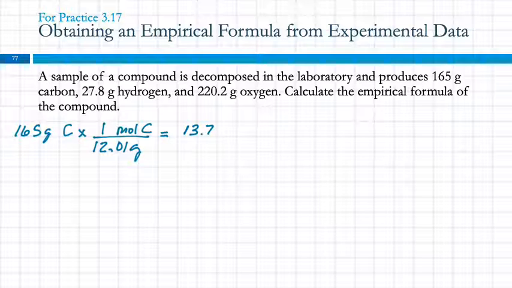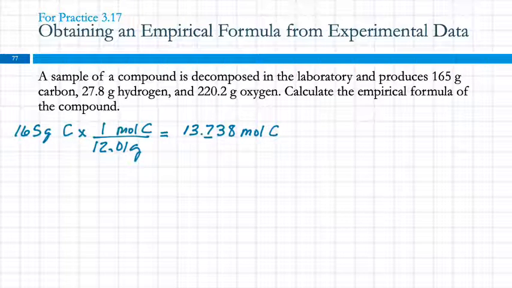Do not round too much here. So I should have 3 significant figures. It's best to keep a couple extras. You can keep all of them if you want to. But if you rounded this, say, to 14, you're going to mess up your formula. So I'm going to keep 2 extra digits because that's what I like to do.